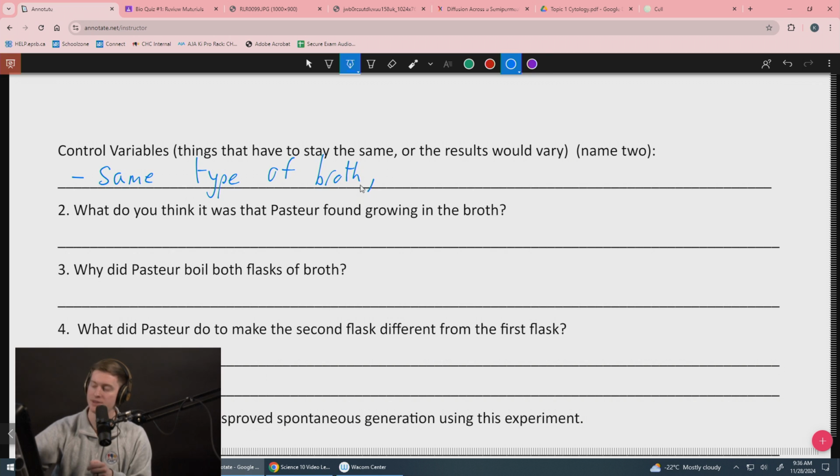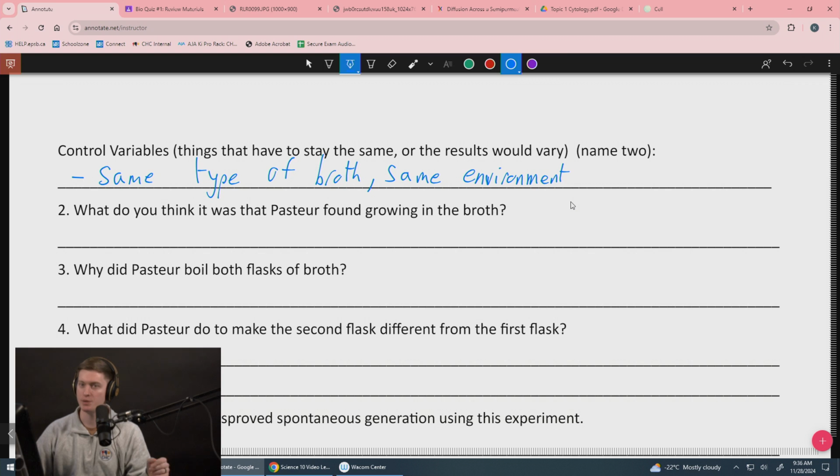You have to leave the flasks in the same environment. You can keep thinking of some, but those are the two that I'm going to stick with right now. Because these are variables that if you didn't keep them the same between the two flasks, they could be the reason why the microbes grew in the one and not the other.